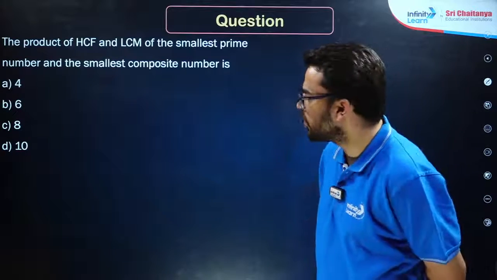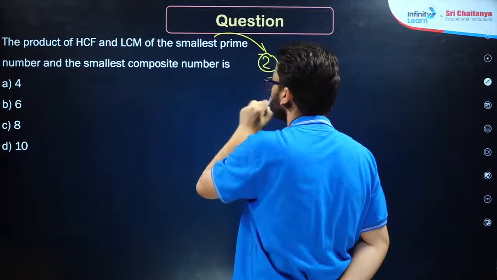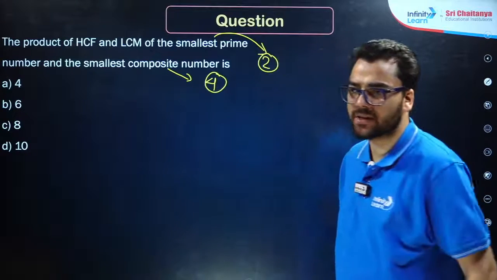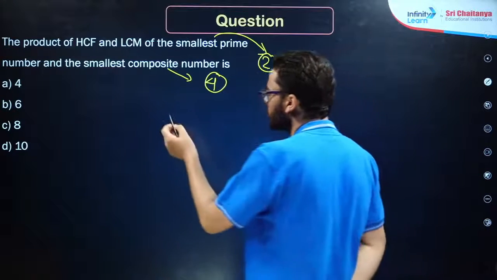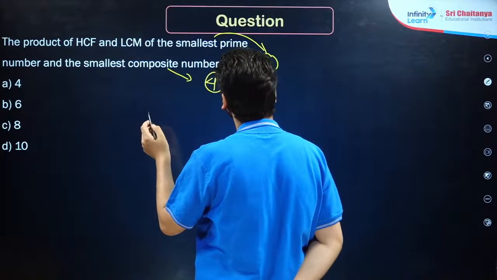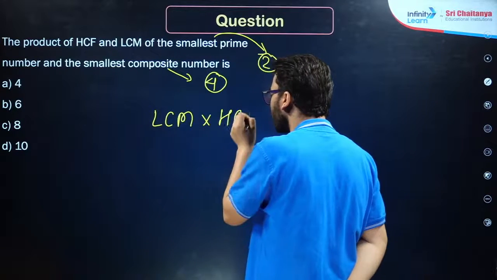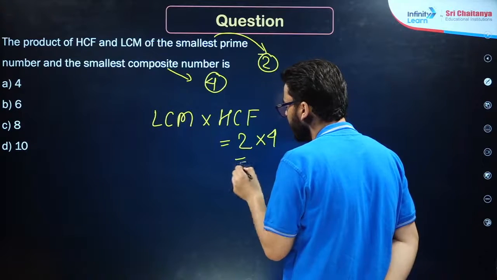So what is the smallest prime number? Smallest prime number is 2 and smallest composite number is 4. So what is the product of the numbers? You don't have to find the HCF and LCM, Joshita, because the product of LCM and HCF will be equal to the product of numbers itself. We have seen that. So that will be 8.